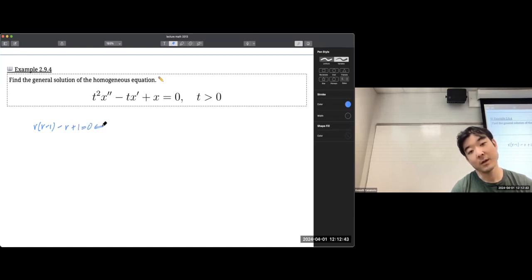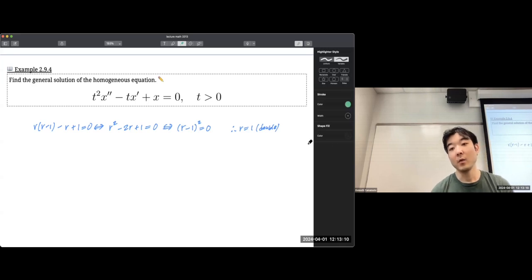Then you combine terms, so you get r squared, minus r, minus r is minus 2r, plus 1 is equal to 0. And this can factor into r minus 1 squared is equal to 0. Therefore, r is equal to 1, but it's a double root.